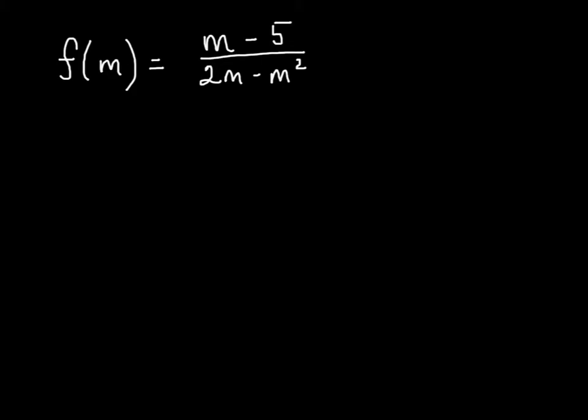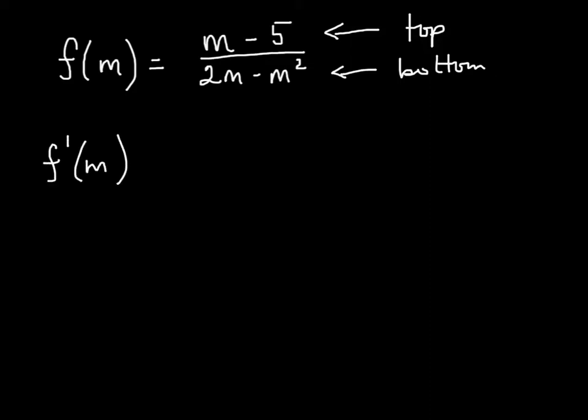Okay, in this one, you identify the top as m minus 5, and the bottom as 2m minus m squared. So let's start. The derivative is going to be the bottom, 2m minus m squared, times the derivative of the top.